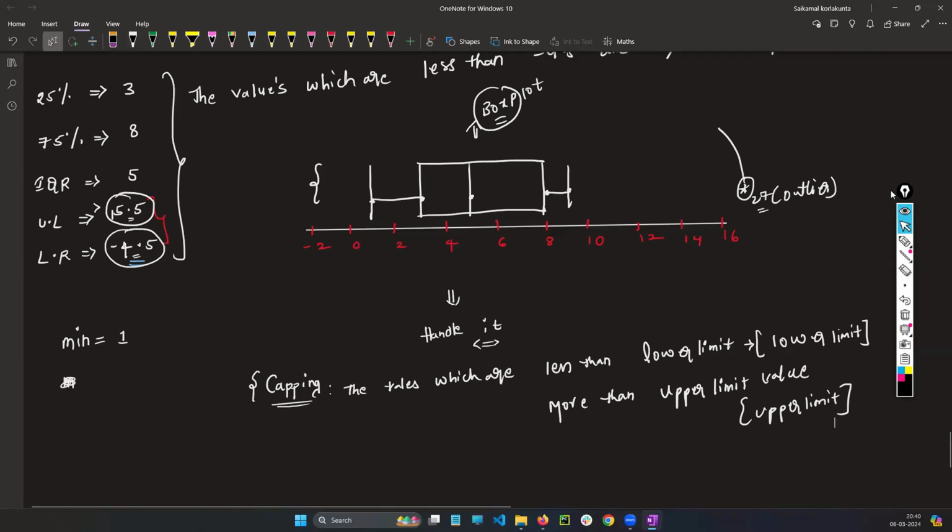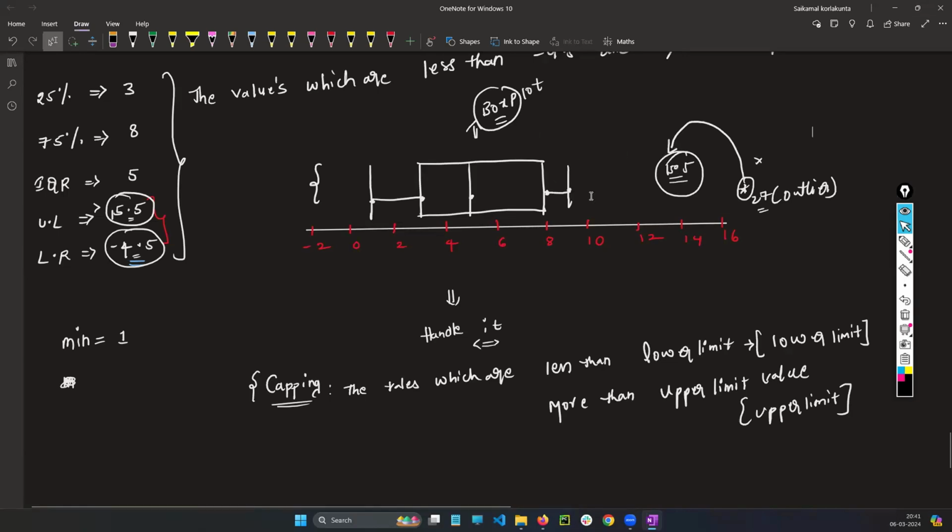So if I convert this data point to 15.5, do we have any outliers? 27 is more than the upper limit. If I convert that outlier into the upper limit, 15.5, we solve the issue, no? We have solved the issue. So we need to convert 27 to the upper limit, which is 15.5. Guys, got it?